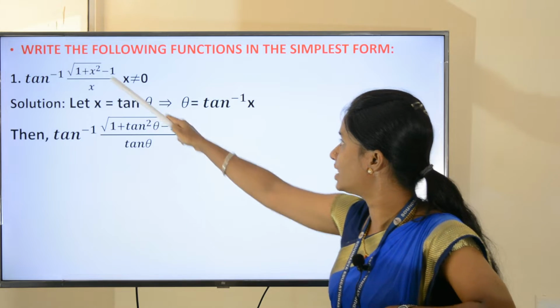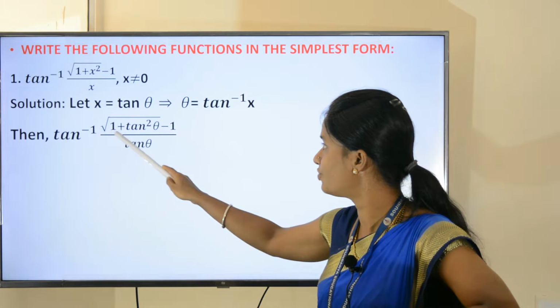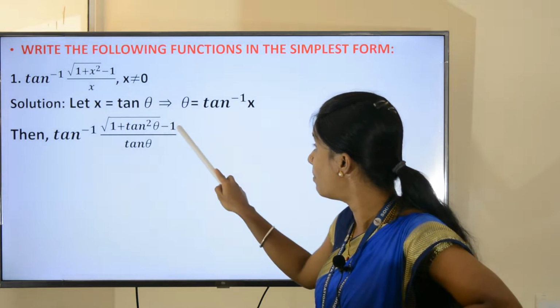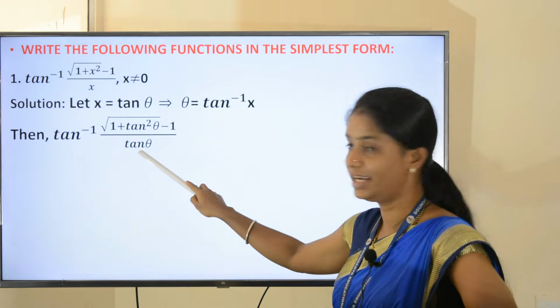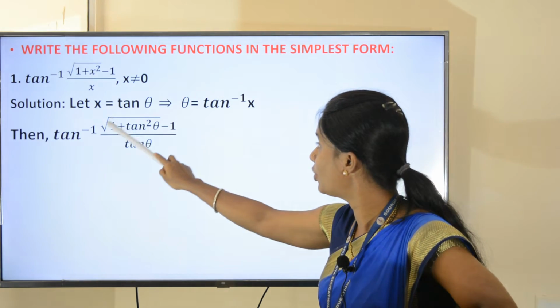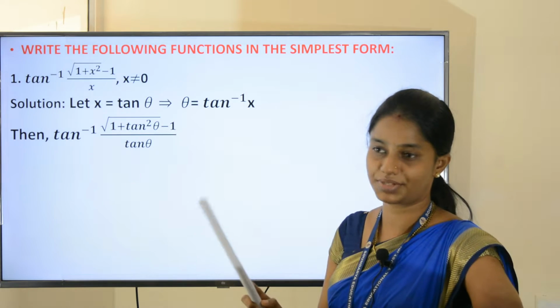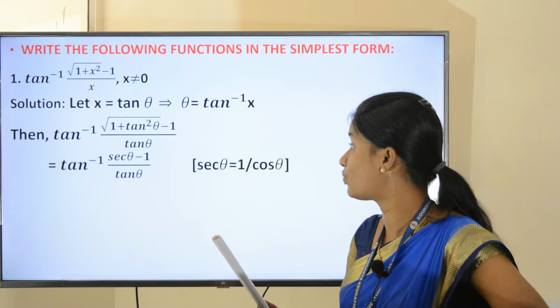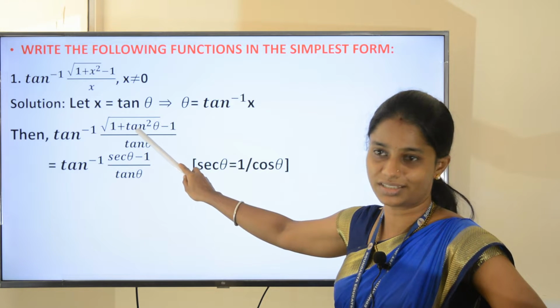X replaced with tan theta, that is tan inverse of square root of 1 plus tan square theta minus 1 divided by tan theta. Here I am going to use the trigonometric identity. 1 plus tan square theta can be replaced with secant square theta.